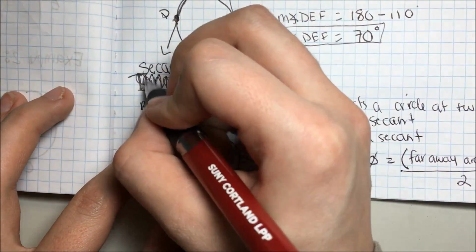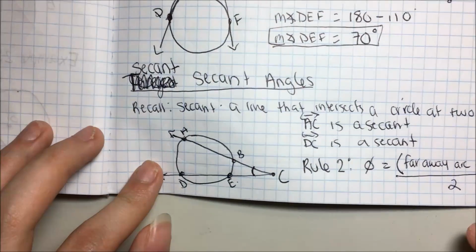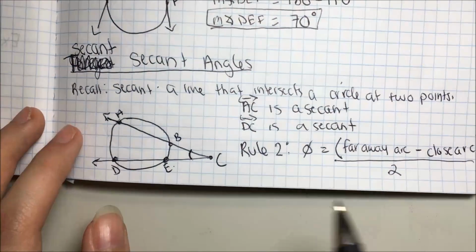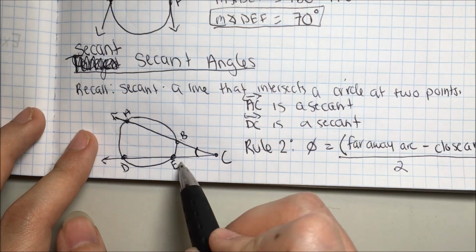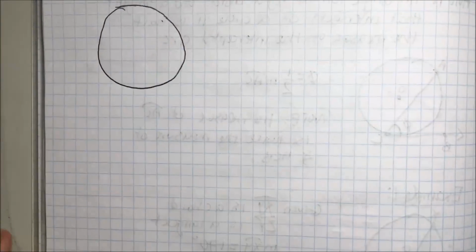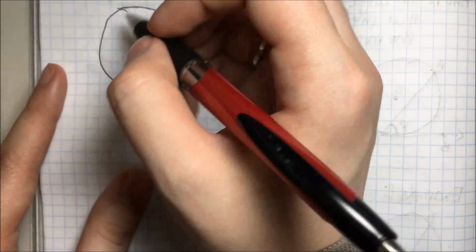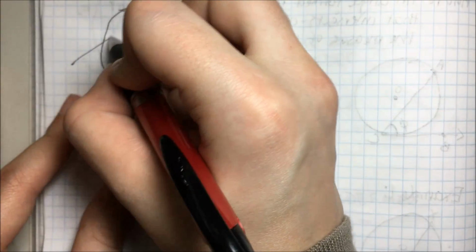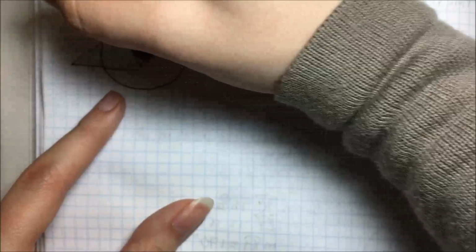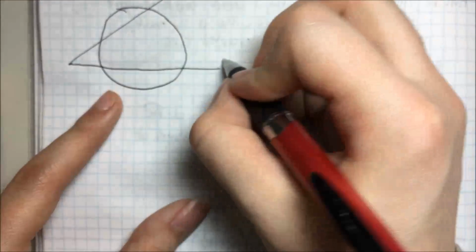So it's going to be secant-secant angles for this one. And it's the same thing. So we have 2 secant angles. So it's the far away arc minus the close arc. So we'll look at this example here.